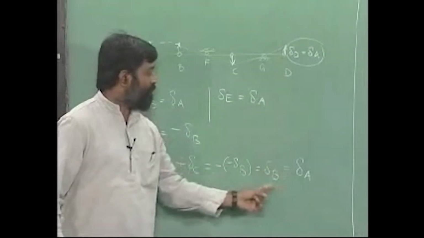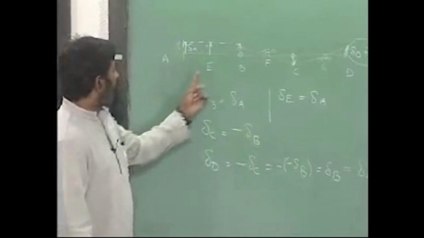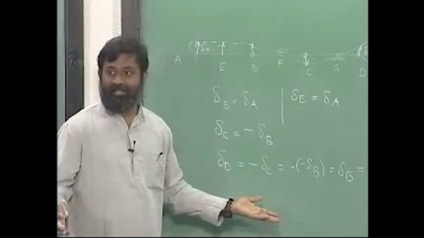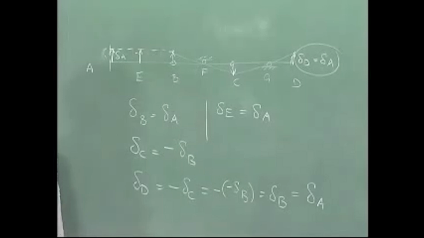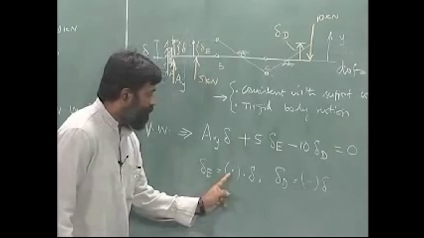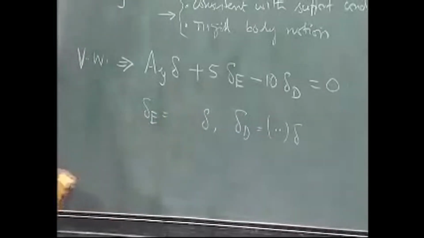Upward motion is positive, so delta D happens to be delta A, delta E happens to be delta A. Do I need anything else? Over. Now I have to write down the equation. I come back here, what do I know about this? Delta E is equal to what times delta? 1 times delta. What is delta D in terms of delta A?